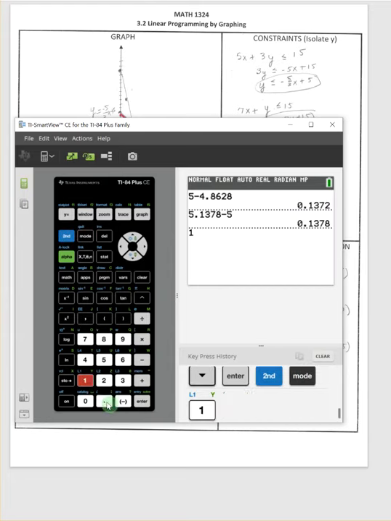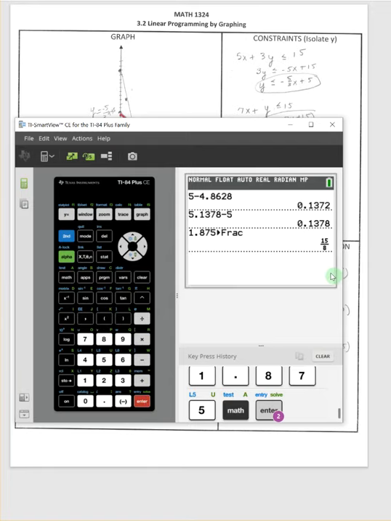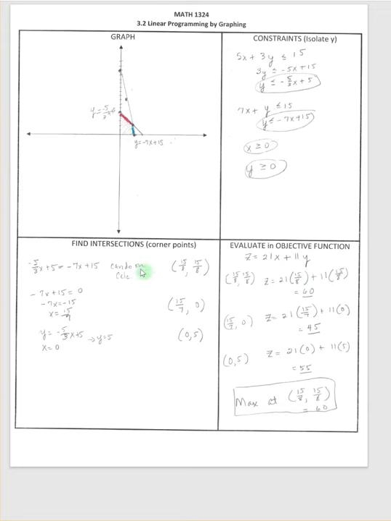If I put 1.875 and math, fraction, I get 15 over 8. So I know that these two intersect at this point, 15 over 8, comma 15 over 8. It's the y and the x.